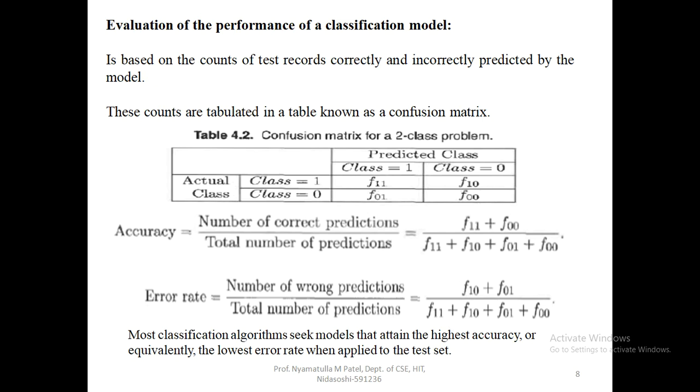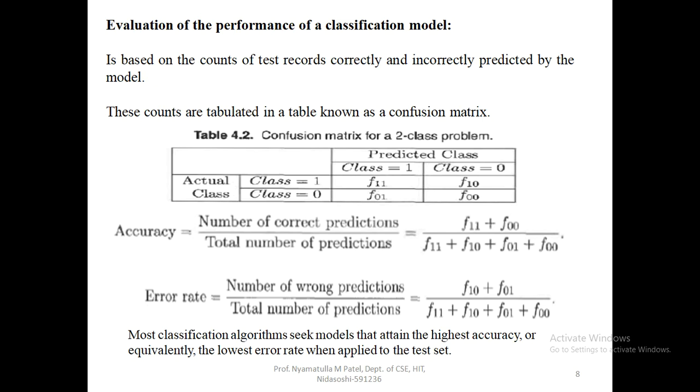Using this we will be able to evaluate the performance of a classification model, whether it is correctly predicting the class or not. If the actual class is the same as the predicted class, that counts toward the accuracy of the system. If the actual class is different from the predicted class, that is the error rate.